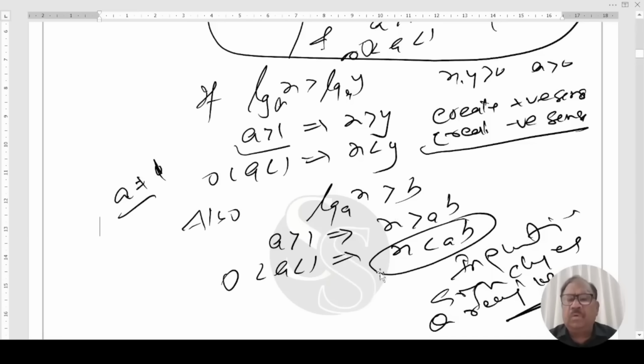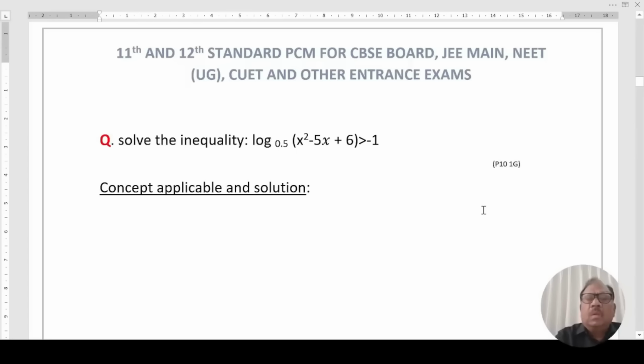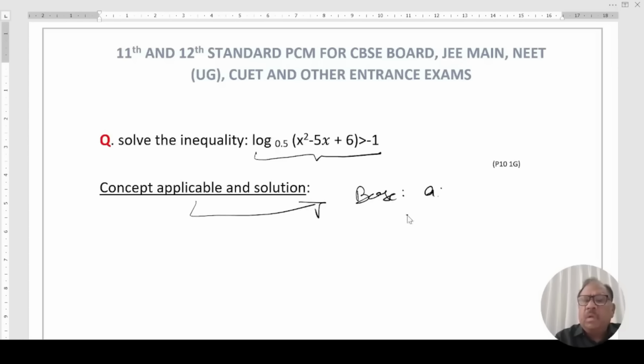Now, let's start with the question. Question is solve the inequality: log base 0.5 of (x square minus 5x plus 6) greater than 0. Concept applicable. Base a should be either greater than 1 or between 0 and 1.